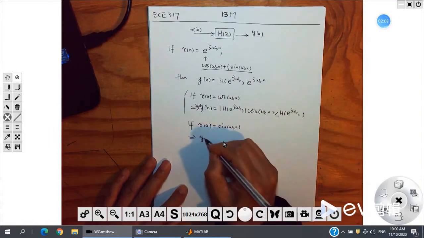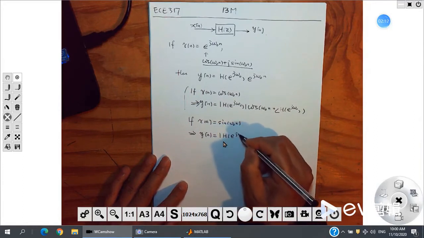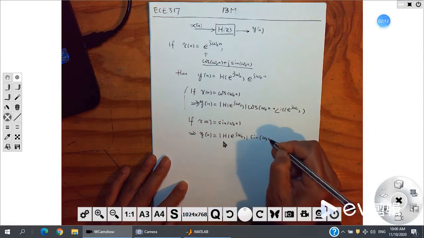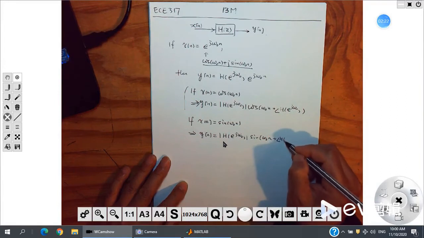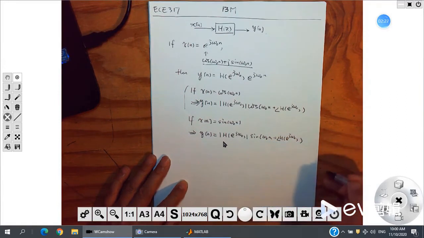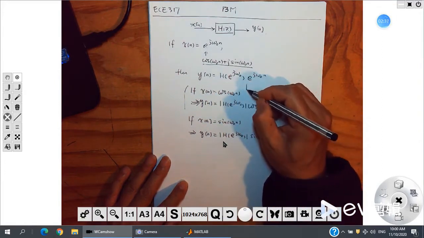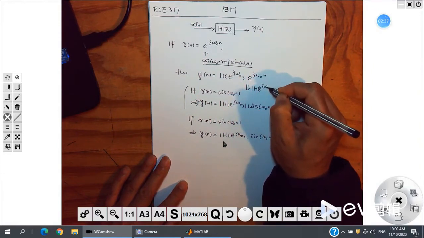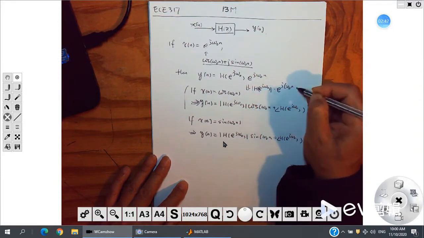We have y of n equal to the magnitude of h at e to the j omega 0 times a sine, where inside is the same as the cosine case, with the phase angle added. Actually, we can also write this as the magnitude of h times e to the j omega 0 n plus the angle of h.